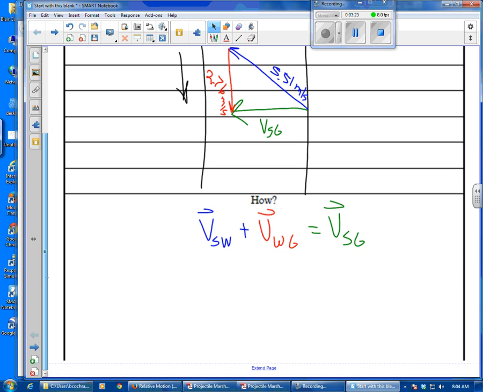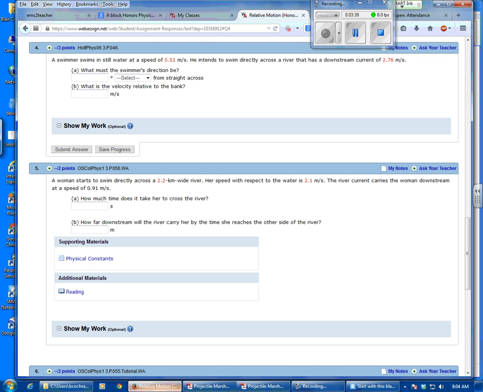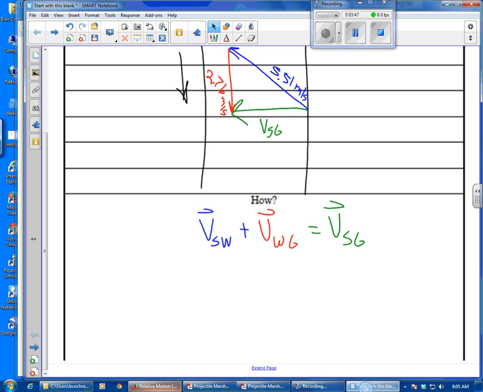I can represent it pictorially or with my vector equation. Now I notice that I have a right triangle, and they want me to find the direction from straight across and the velocity relative to the bank. So they're looking for VSG and theta here.